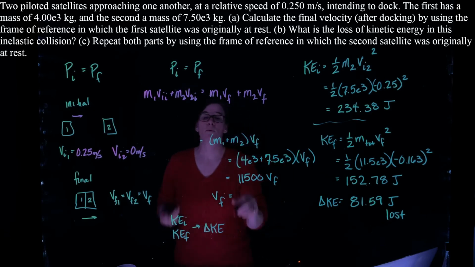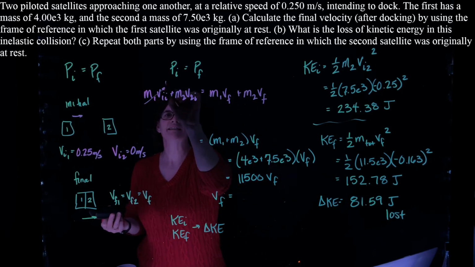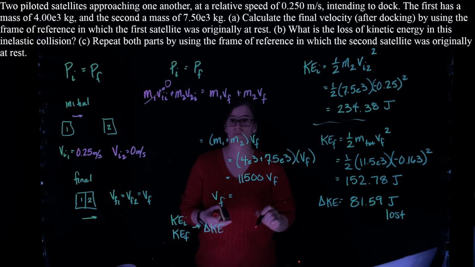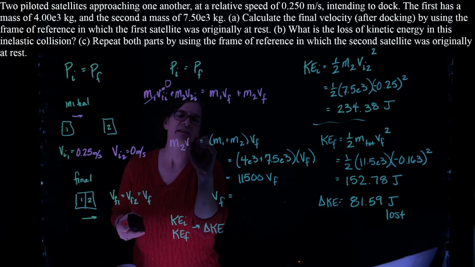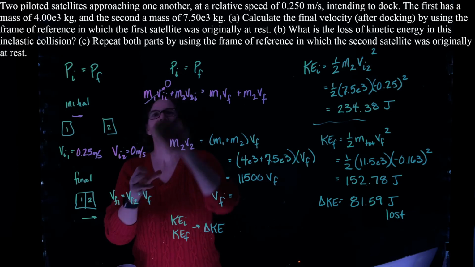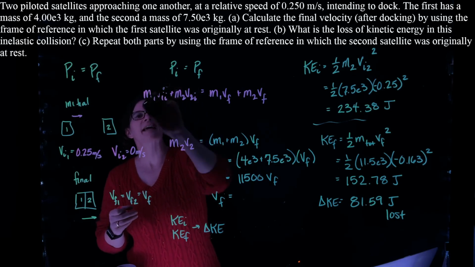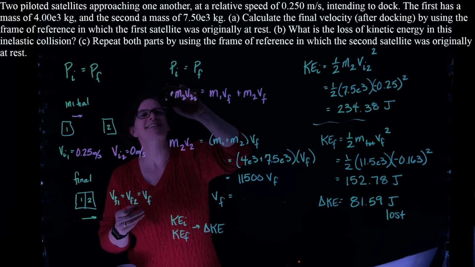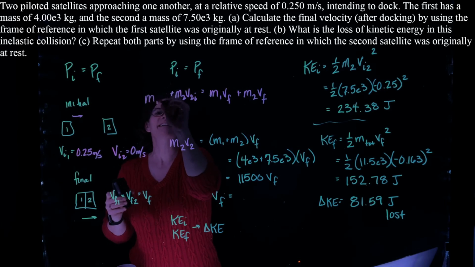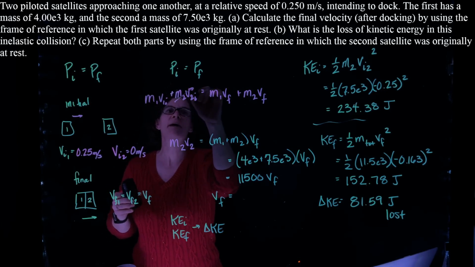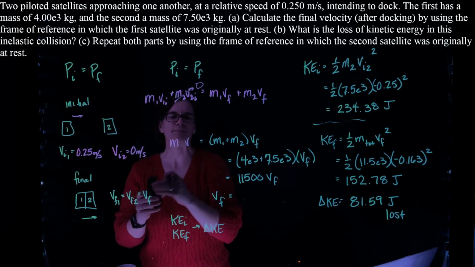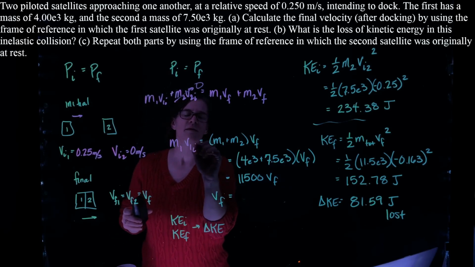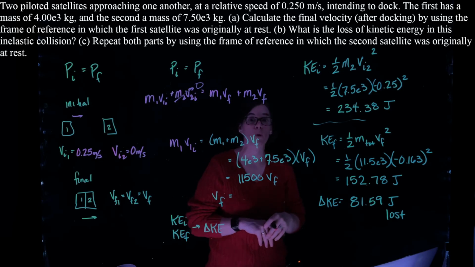All right, well, in this case, M2 is 0. So we're left with, on the left side of the equation, M1 V1 initial.